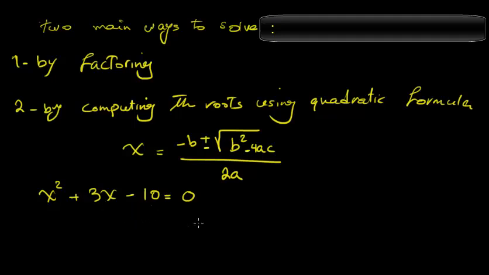The factors can be, let's say we have two parentheses here. We have a minus and a positive sign. We have x in both of these parentheses because we have an x squared. It means x multiplied by itself. So we have x in both, and now we know that if we multiply 5 and 2 together we get 10.